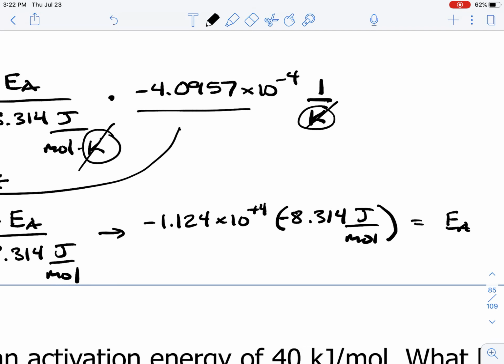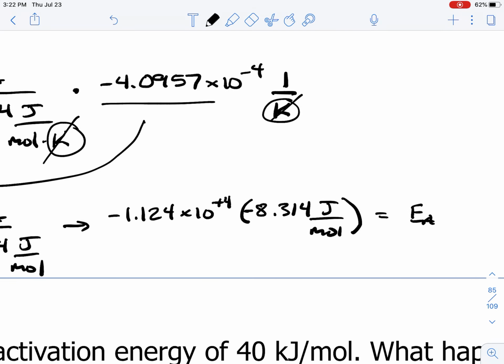All right, so multiplying those two, I'm going to go ahead and get an activation energy of 0.9348 times 10 to the positive 5. Let me erase this part so I have room.